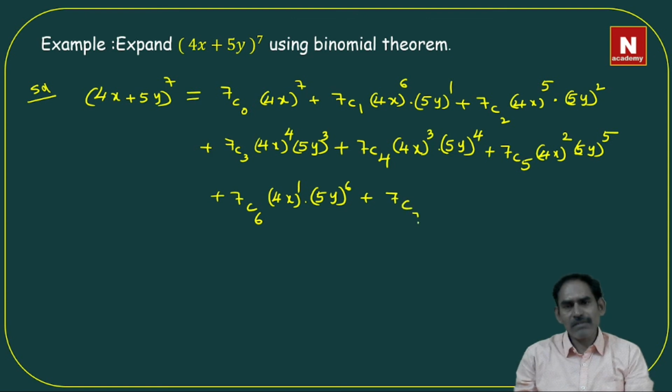Last, 7C7 (4x) whole power 7 minus 7, which is 0, need not write, last (5y) whole power 7.